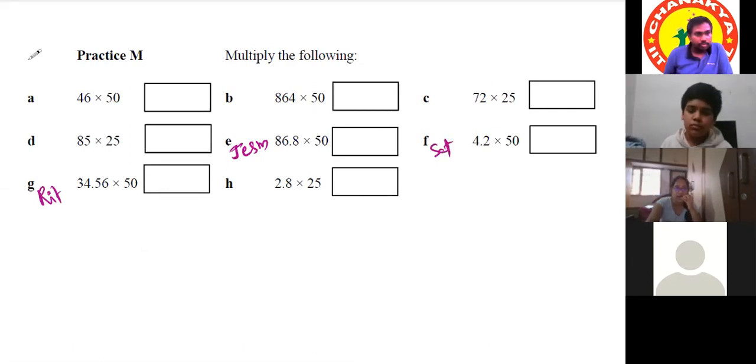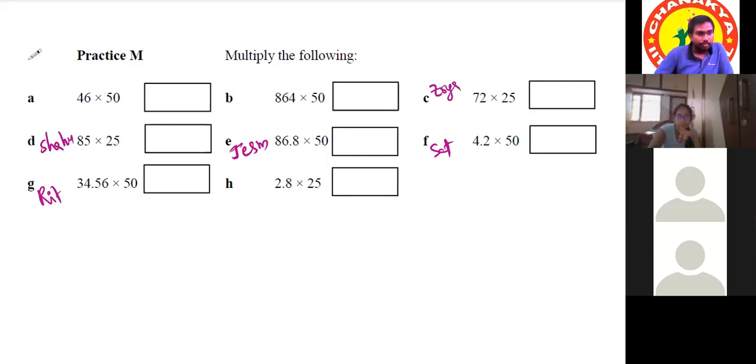No, D, I already took Shahu. D, Shahu. F, Harshita. F is already over. That C was for Jaya. I took H. Okay, okay. C, Jaya. B, Akash.